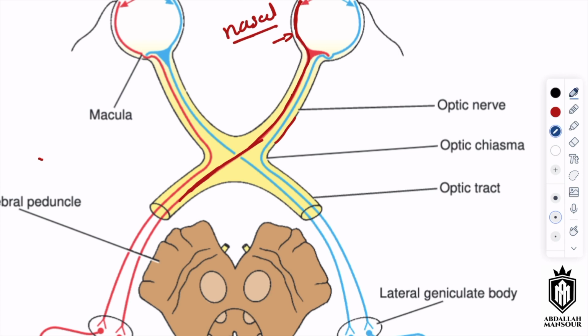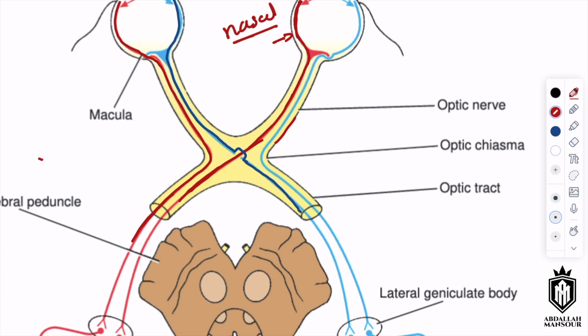And you can also see that the fibers from the nasal side of the other eye come all the way down, and then they cross to the other side. And you can see the fibers on the temporal side of both eyes will continue all the way down without making any crossing.